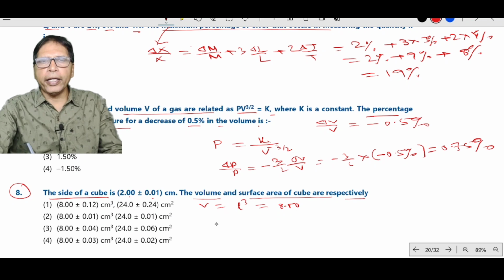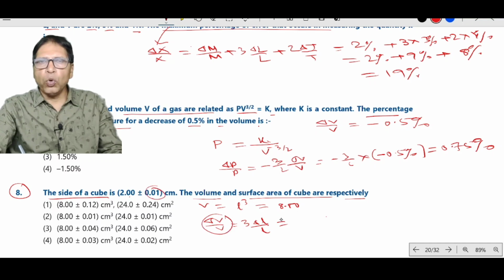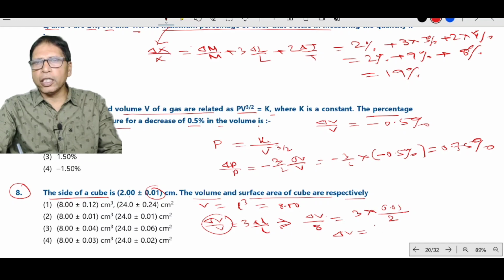Okay, and look at this, delta V by V equals 3 delta L by L. So look at this here, delta V by 8 equals 3 into delta L. Delta L is 0.01 divided by 2. So look at this, delta V equals 3 into 0.01 into 8 divided by 2.